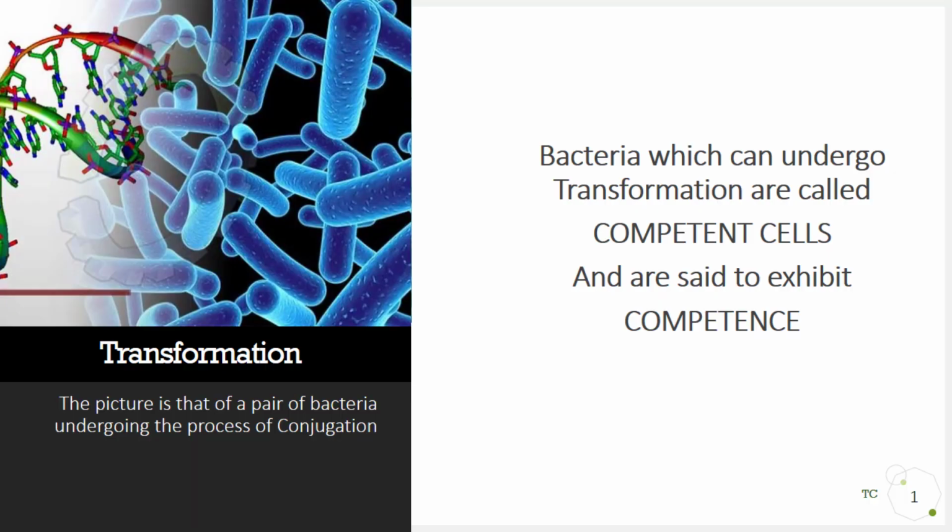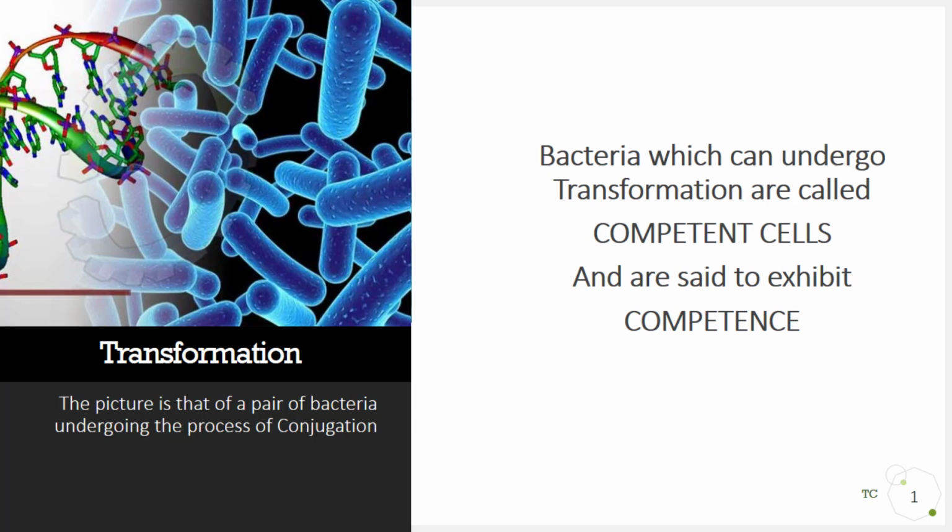A single cell typically incorporates only one or at most a few DNA fragments. So only a small proportion of the genes of one cell can be transferred to another in a single transformation event. Now, whenever we talk about transformation, we always talk about a word known as competence.